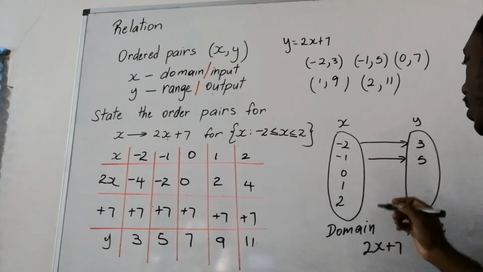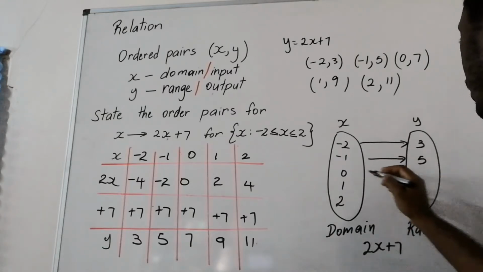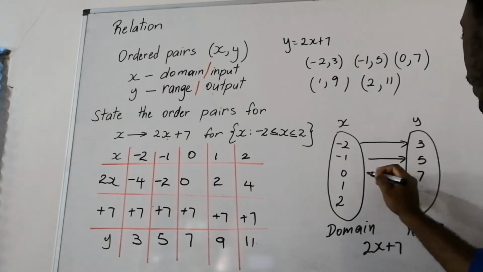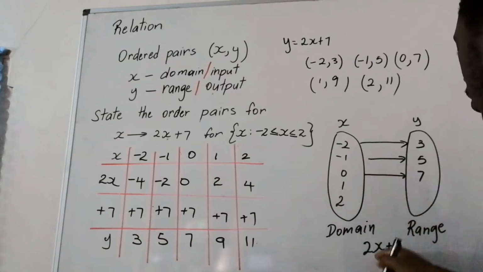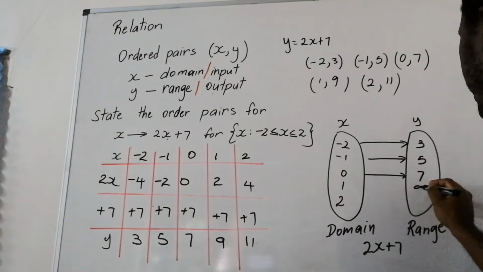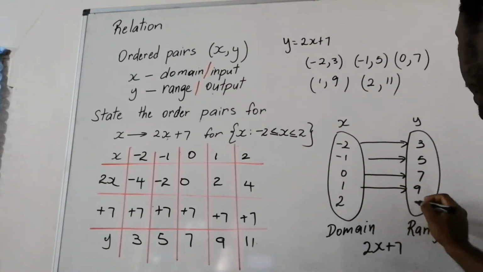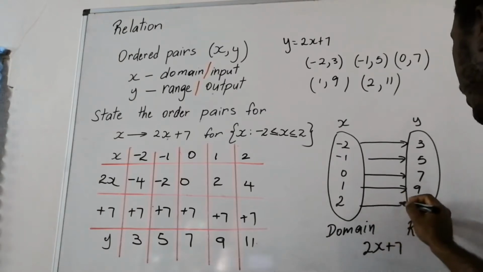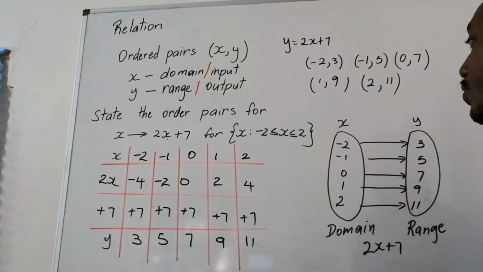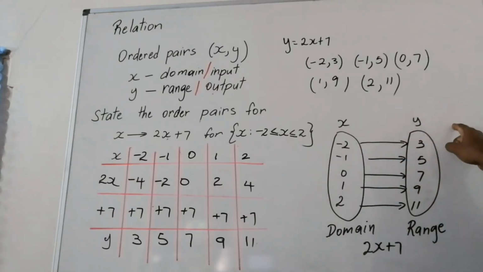Alright, from -1 to 5, following this rule. 0 to 7, x to y, following this rule. 1 to 9, following the rule. And then to 11, following that particular rule. So this rule maps the x values to the y values.